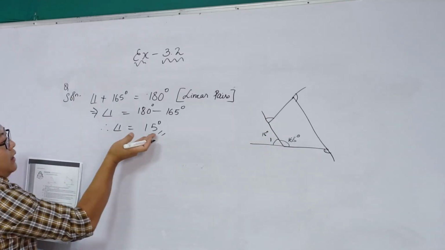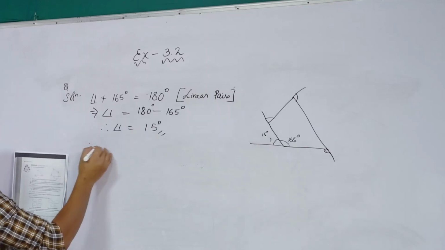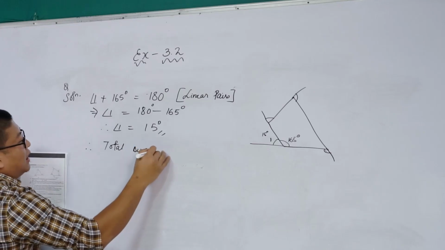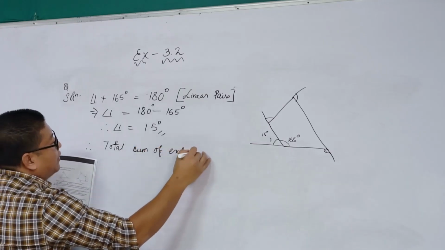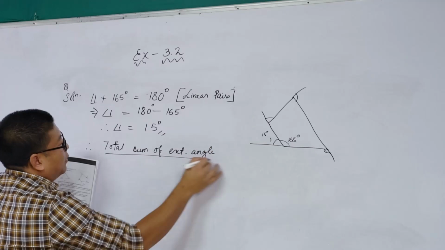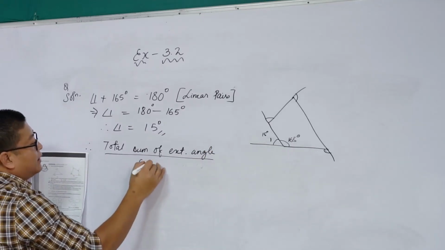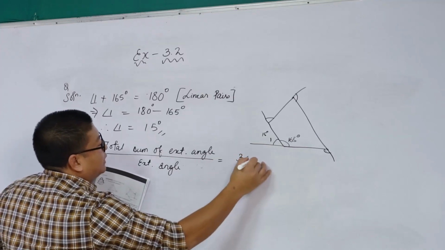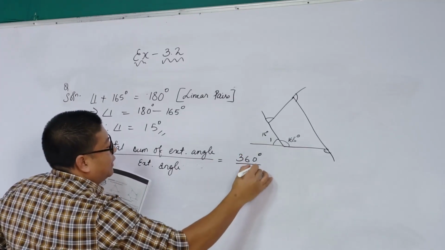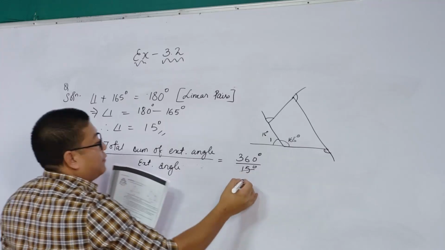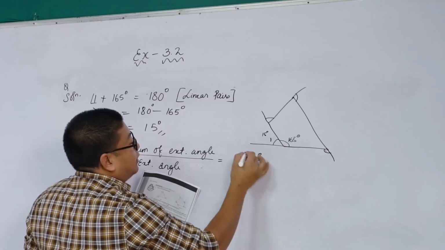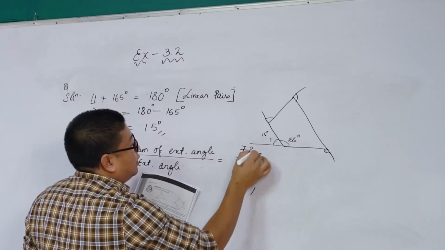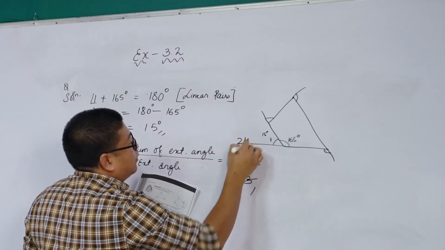Now we know the angle, so it is easy to find. Therefore, we will write down the formula first. Total sum of exterior angles divided by the exterior angle given. So we have 360 degrees by 15. So we can use 5, 3 are 15, 5 sevens are 35, 5 twos are 10, 3 ones are 3, 2 sixes are 12, 3 fours are 12.